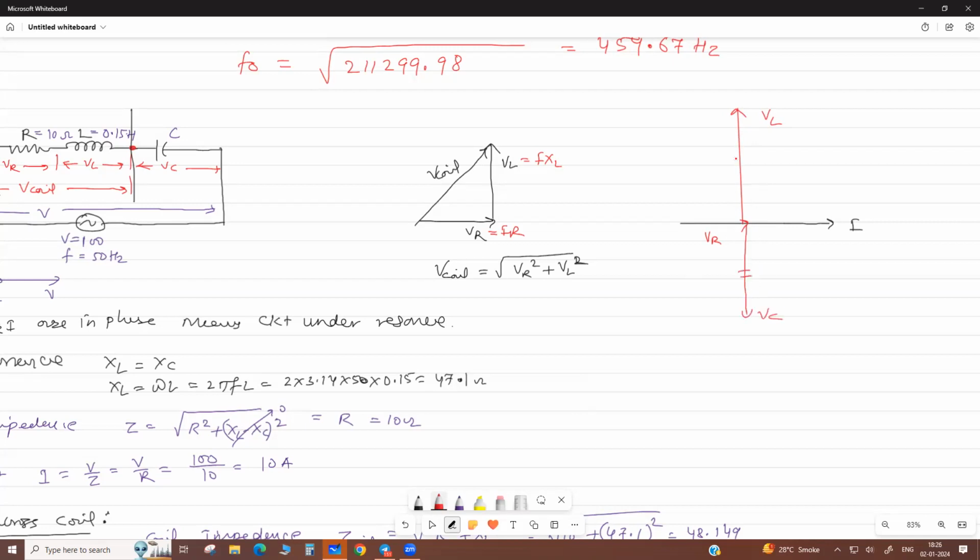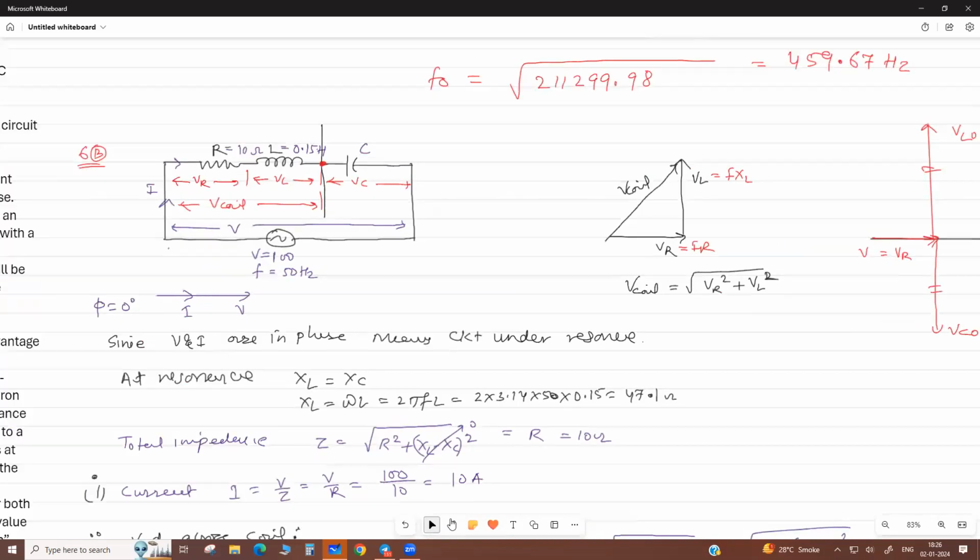They are equal and opposite, but magnification takes place. It is a higher value. So total is 100 only as a result.